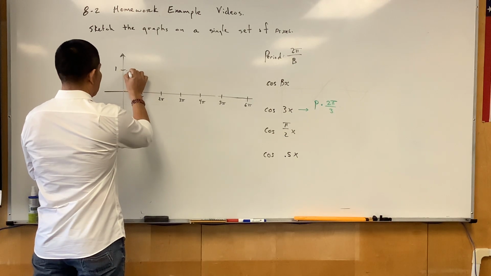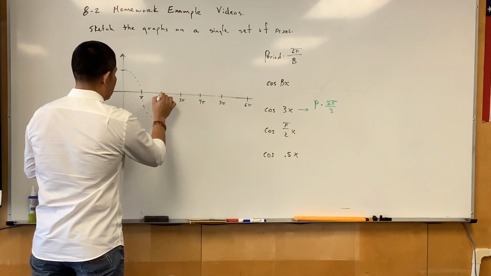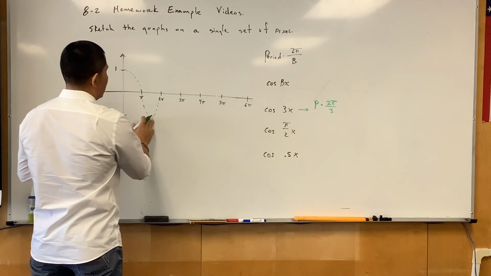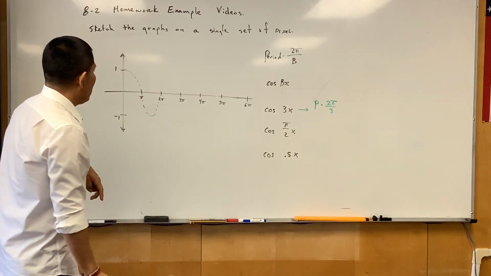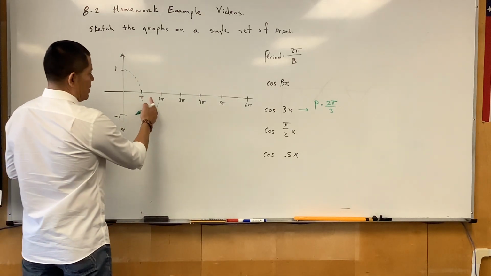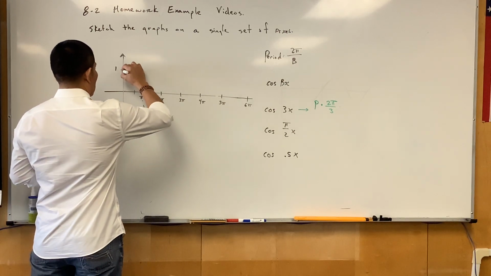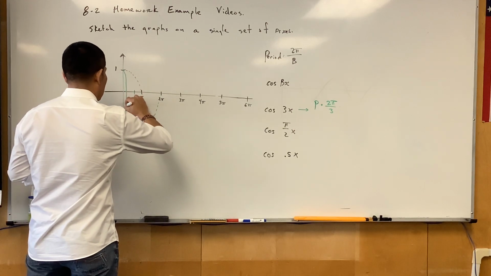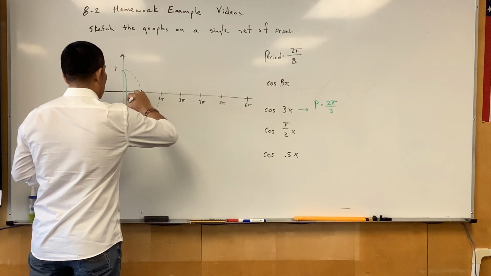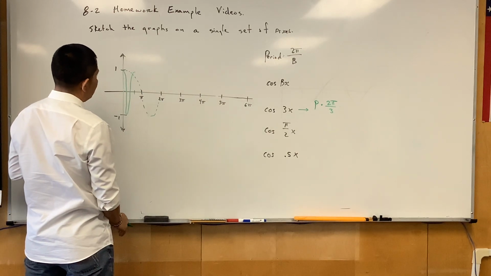It starts here, goes here, comes down, and ends here. That's the normal cosine function. But what we do is take 2/3 pi, that's where we start our function and where it ends, like that.